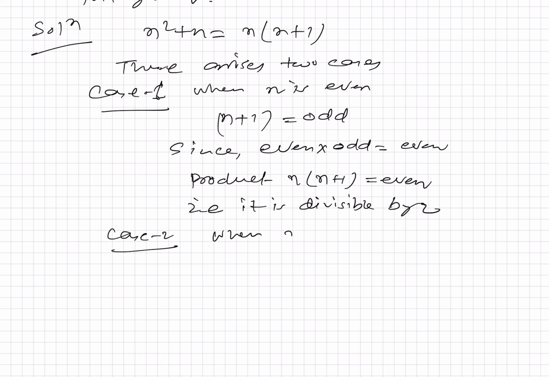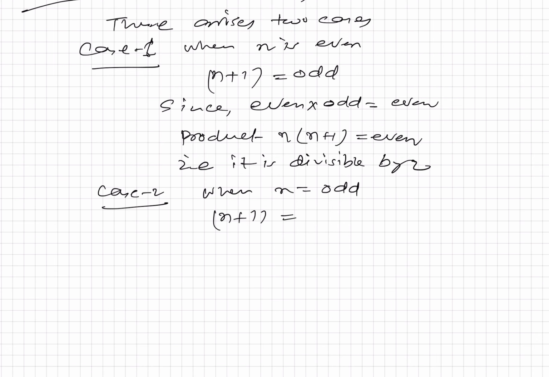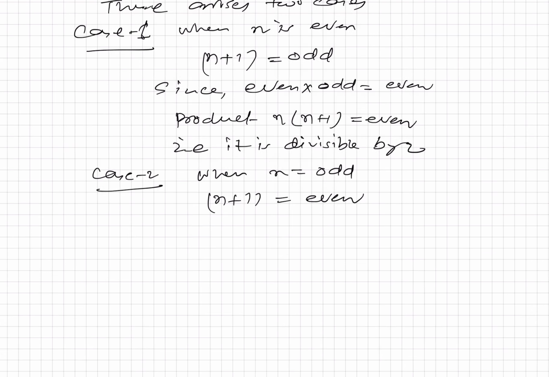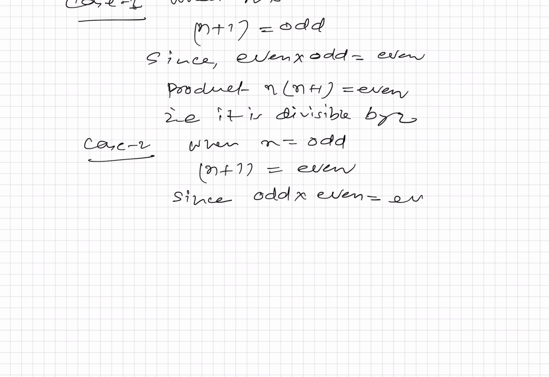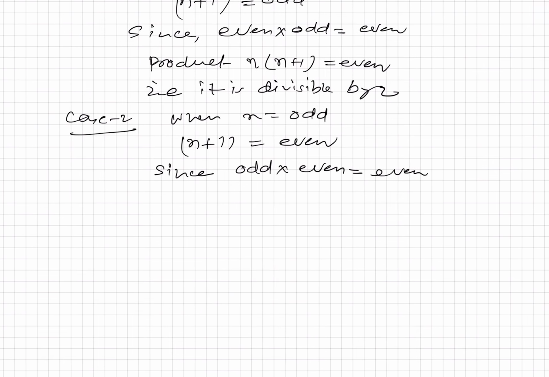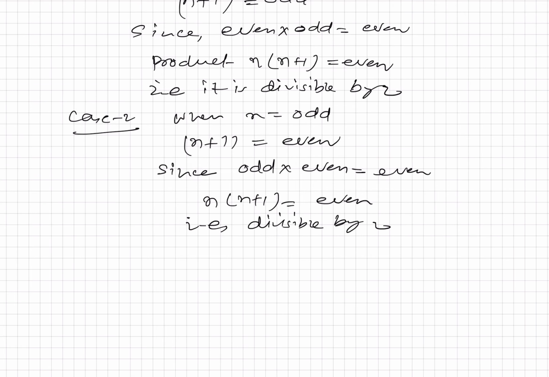And the case 2, when n is odd, then n plus 1 will be even, and since odd into even is equal to even, okay, so n into (n plus 1) is equal to even, that is divisible by 2.